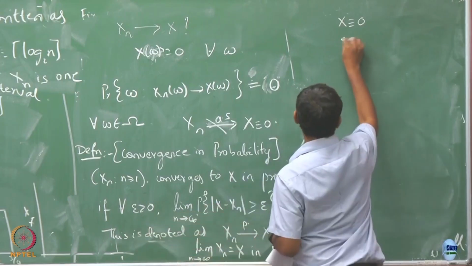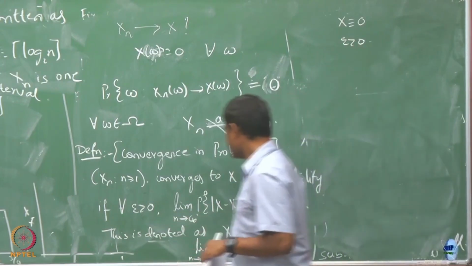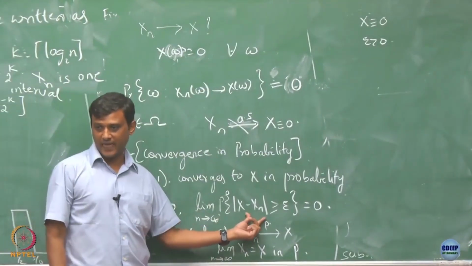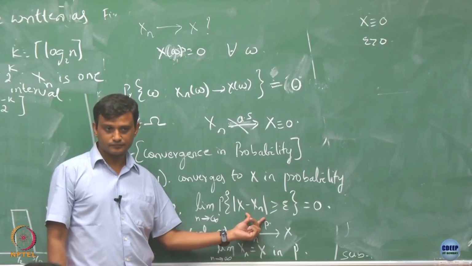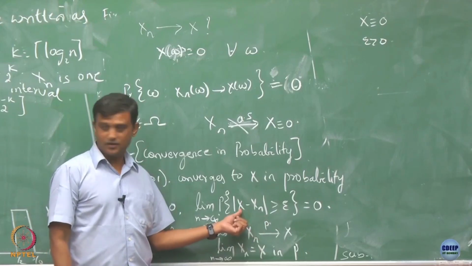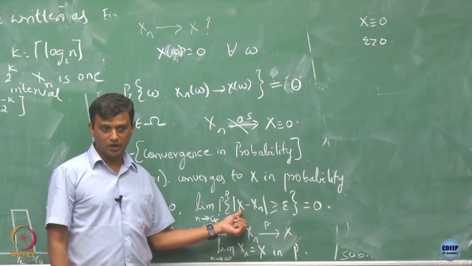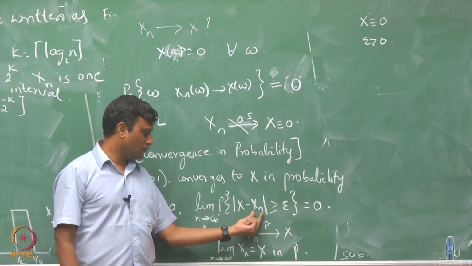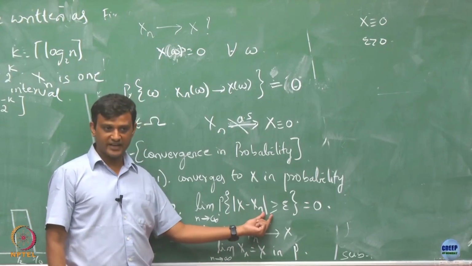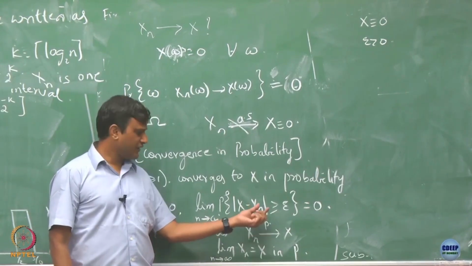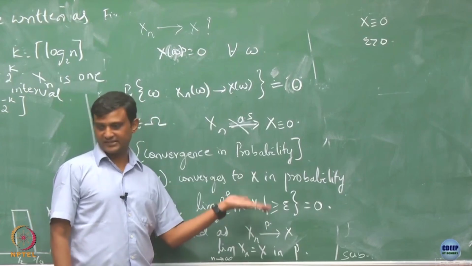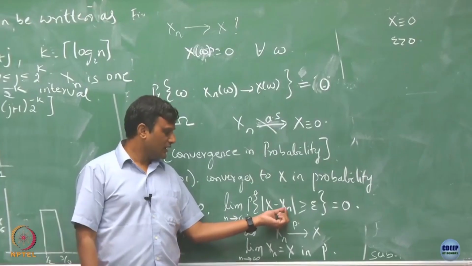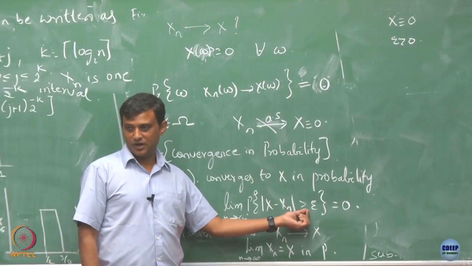So let us fix an epsilon greater than 0. X is anyway 0 for all the points. Now I am asking what is the probability that mod of Xn is greater than or equal to epsilon. Mod of Xn, I can just take it as Xn because the Xn's are all positive in my case.